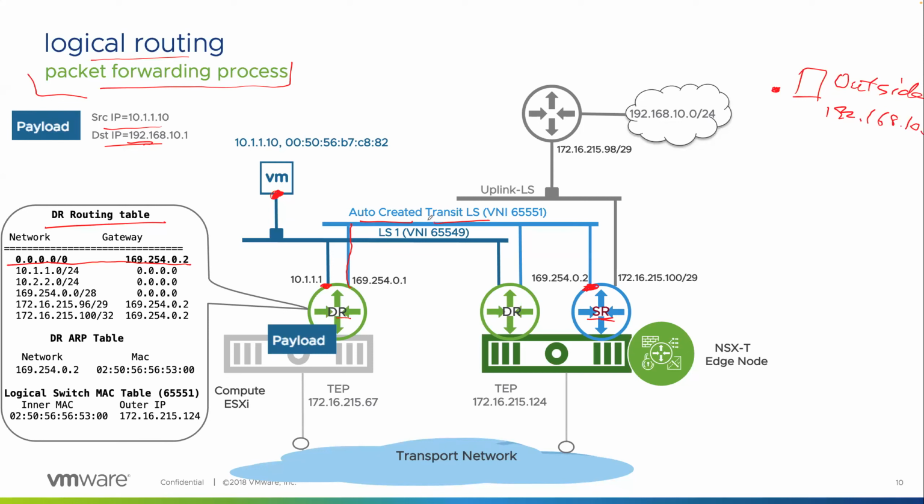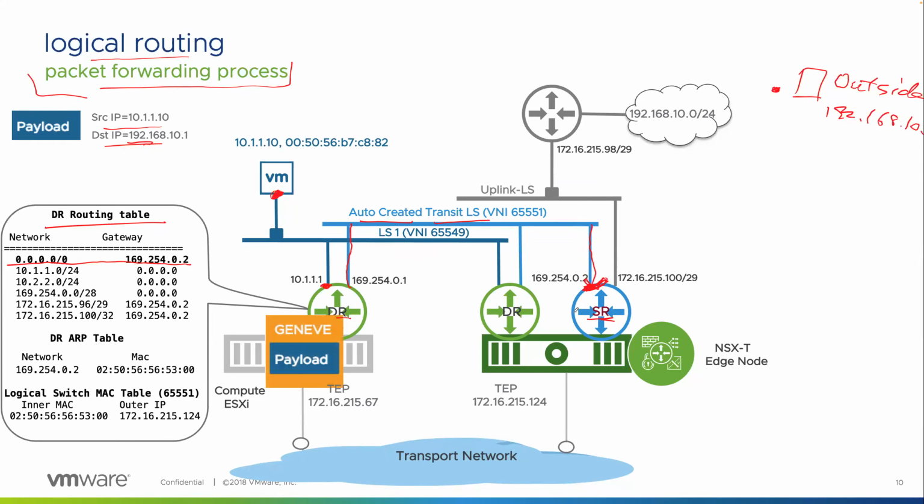This is the internal, automatically created transit logical switch to the SR. That means we have a DR-SR connection, right? I just talked about this internal transit segment. So the packet is now here.